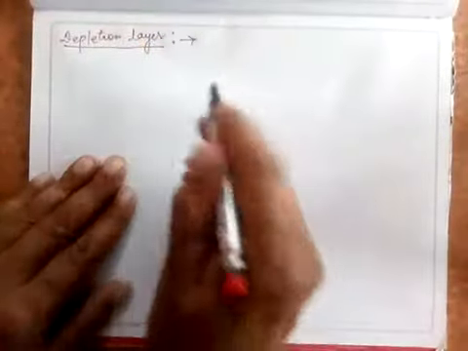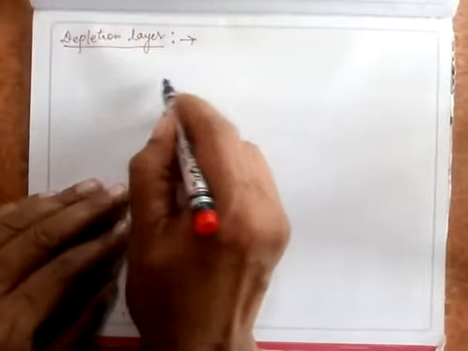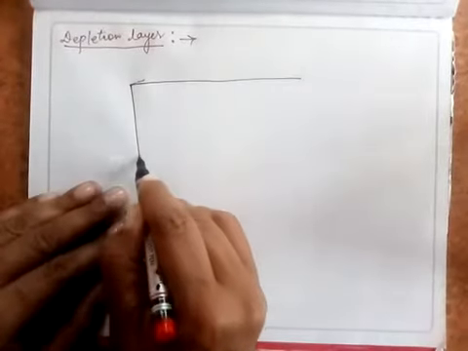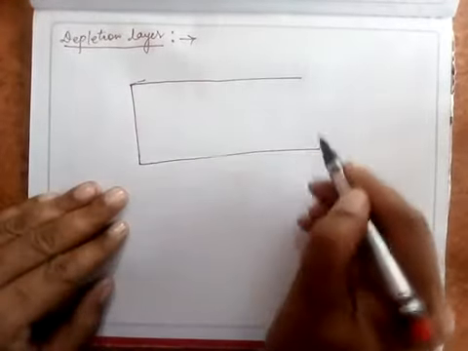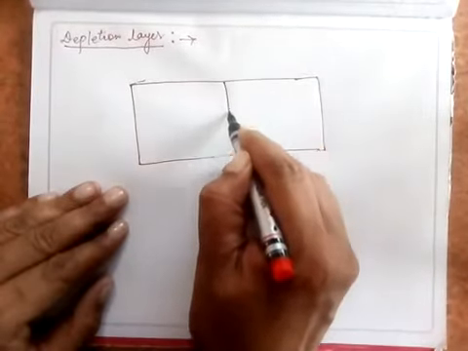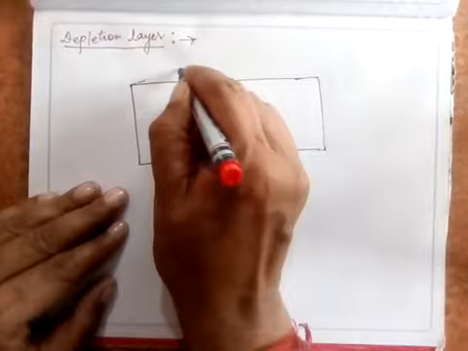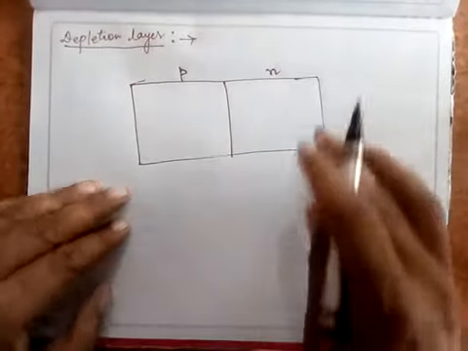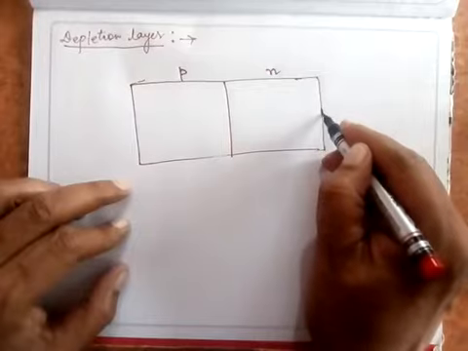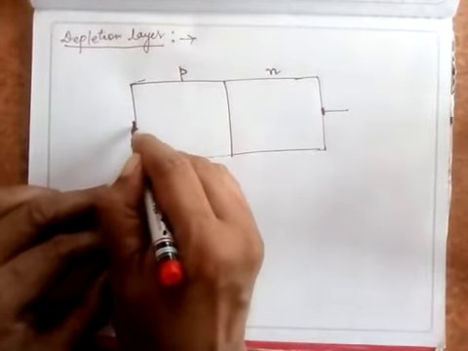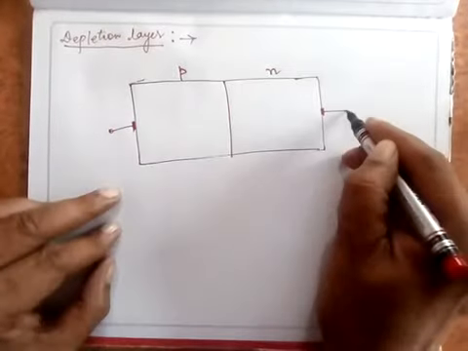You have a PN junction, for example. This is a PN junction here. Suppose this is the P side, the P layer, and this is the N layer. Open circuited means it is not connected to any battery. No external source is connected to this.